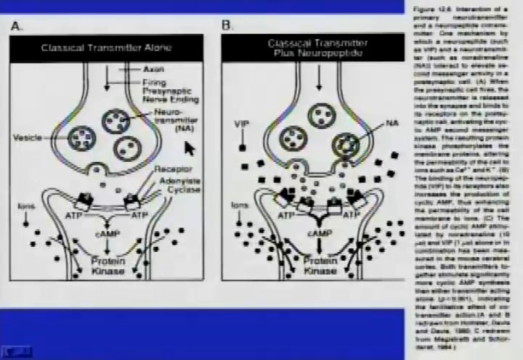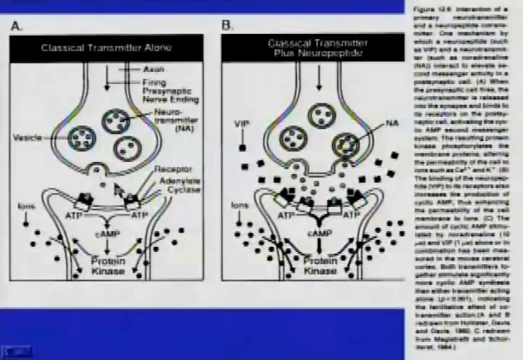One potential mechanism that they can interact, such as vasoactive intestinal peptide, or VIP, and a neurotransmitter such as noradrenaline, is that you can have an increase in the total amount of second messenger within the target cell.